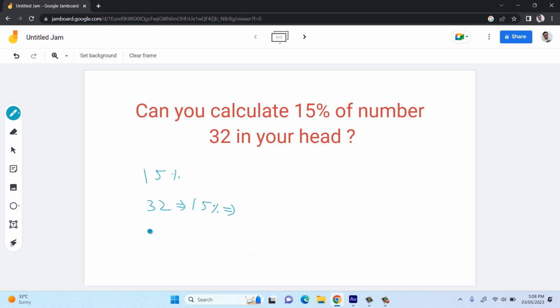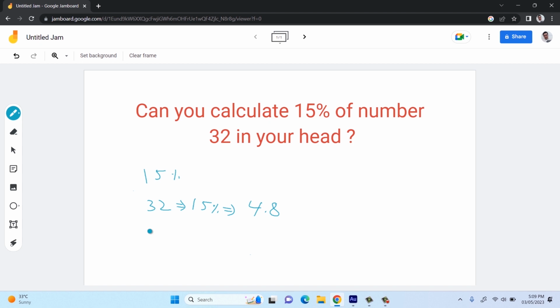So first we will calculate 10%, that will be 3.2, and half will be 1.6. So this will become 4.8. So the final answer will be 4.8.